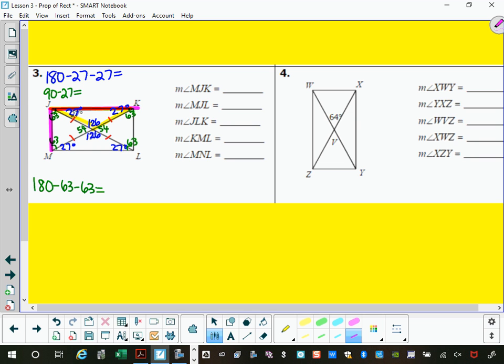Guys, what is this corner angle? 90. So let's write that down. 90 degrees. We have to understand how we're measuring angles. All right, and always take your finger and follow it.